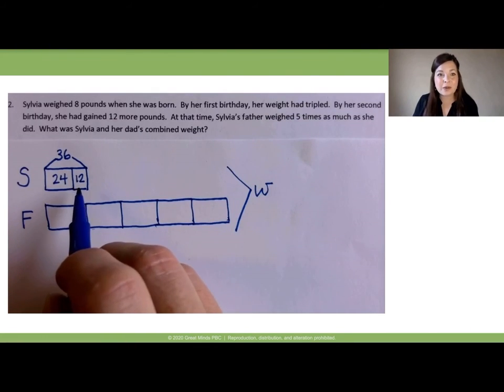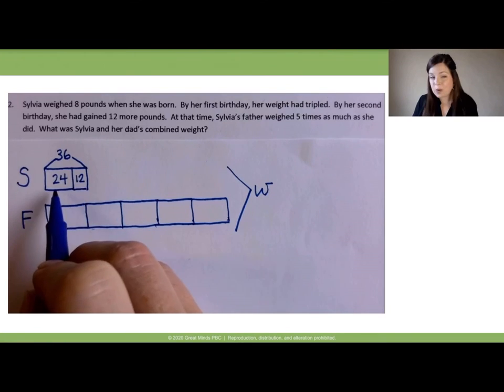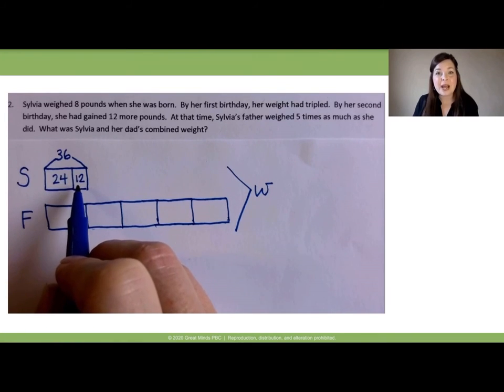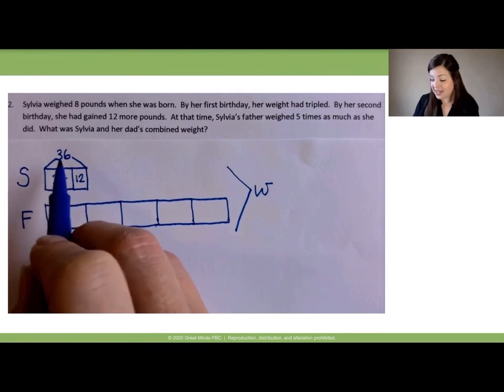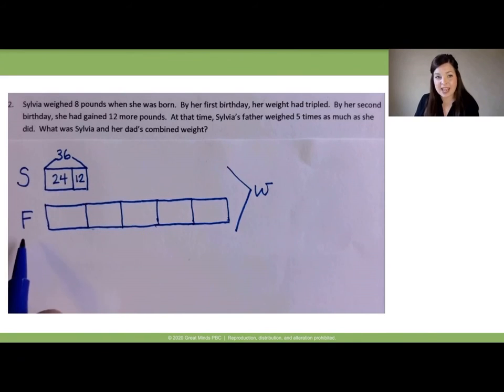Then this 12 represents how much more she had gained by her second birthday. Together, 24 and 12 represent how much she weighed by her second birthday, and that is 36 pounds. Then we have a tape that represents her father's weight.